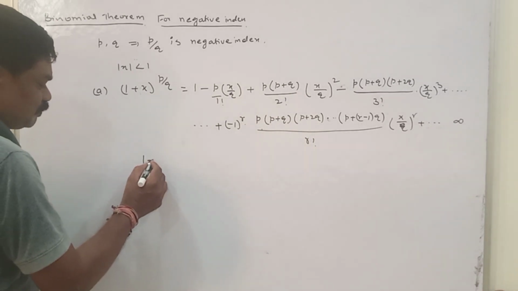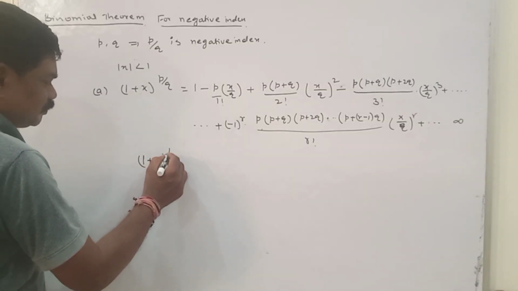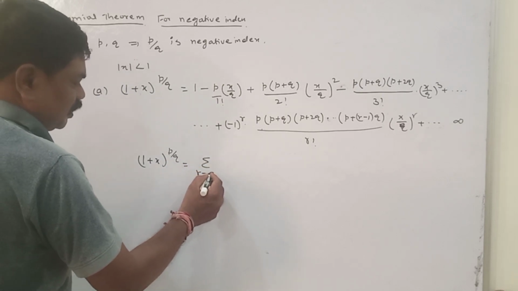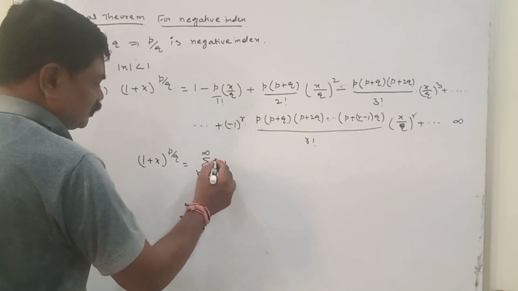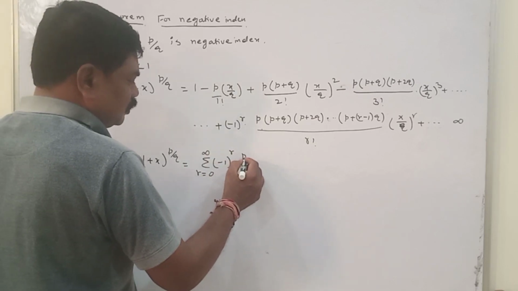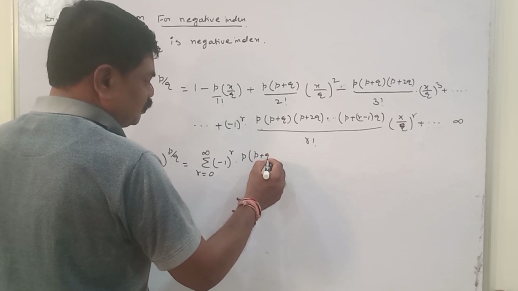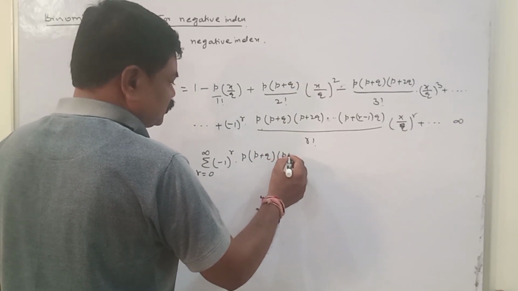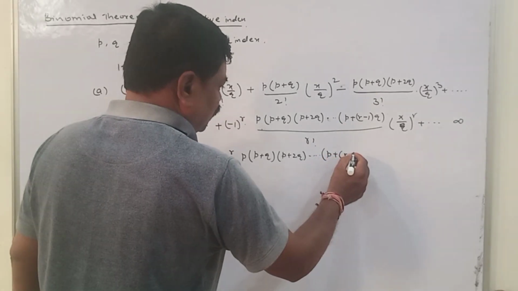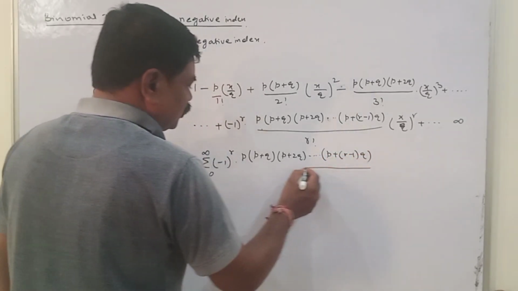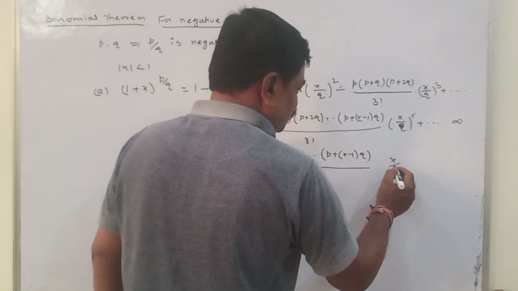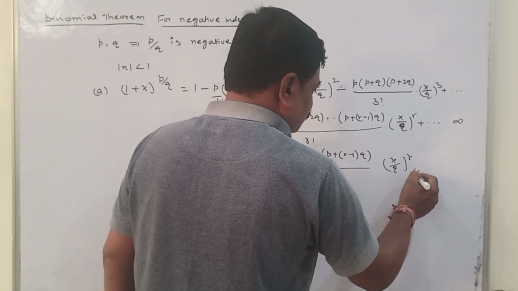Here (1 plus x) whole power p by q, in this case, you can write sigma r equals 0 to infinity, (minus 1) whole power r into p into (p plus q), (p plus 2q), and so on, (p plus r minus 1)q by r factorial into (x by q) whole power r.